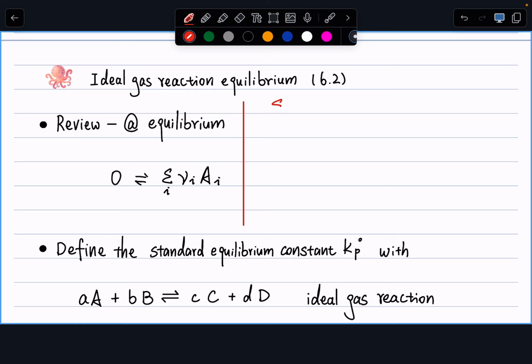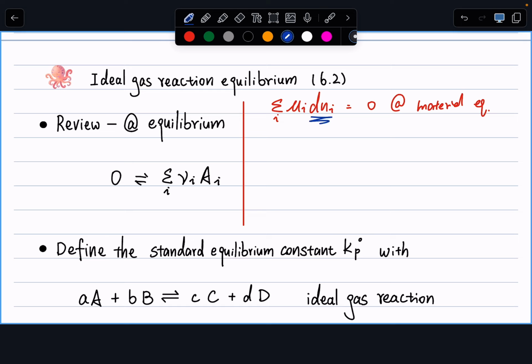First thing, we know that for any kind of material equilibrium, we have my chemical potential, mu i, times nu i, sum to be zero at material equilibrium. All right.